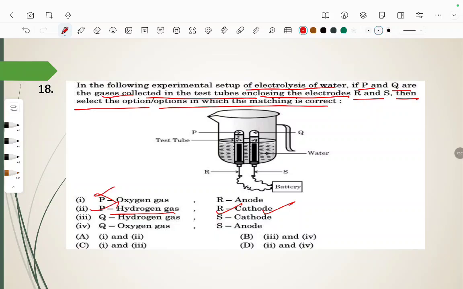Good. Q is hydrogen gas. No. On P we have identified already. This is not the option. Second is absolutely correct. On Q electrode oxygen gas accumulated. Yes. And S is anode. Yes, absolutely correct. So second and fourth option is absolutely correct. D option is our answer.